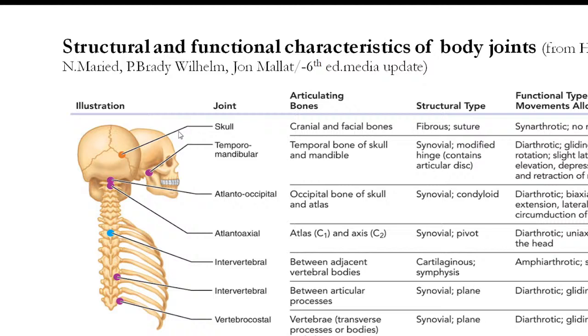Now you see a table with structural and functional characteristics of body joints. In this illustration: joint type, joint, articulating bones, structural type, functional type, movement allowed.